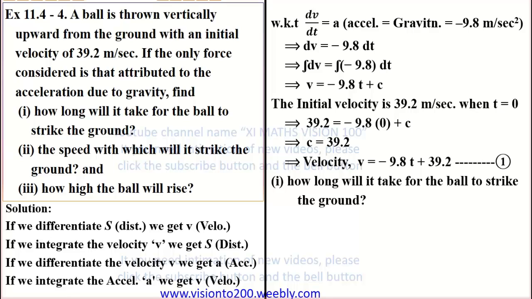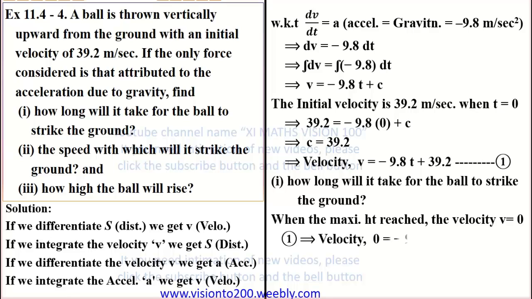Therefore, equation number 1 implies velocity 0 is equal to minus 9.8 t plus 39.2. Therefore, 9.8 t is equal to 39.2. t is equal to 39.2 by 9.8. We get t is equal to 4.